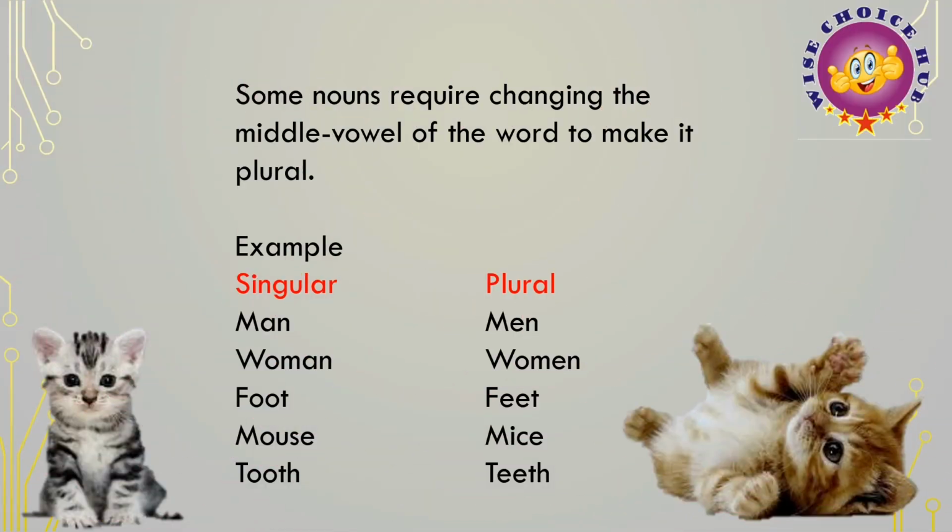Some nouns require changing the middle vowel of the word to make it plural. For example, man becomes men, woman becomes women, foot, feet, mouse, mice, tooth, teeth.